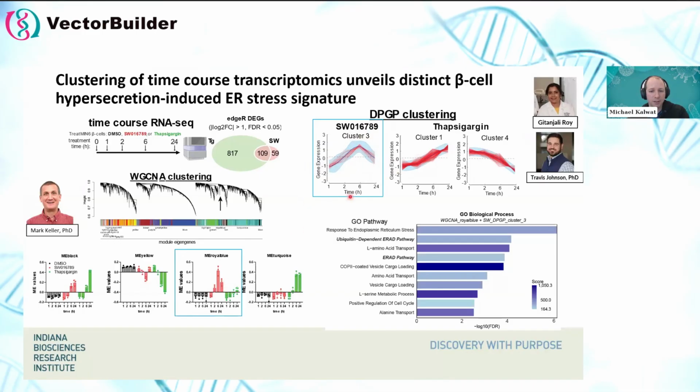So we combined these two lists of genes together to generate what we're calling a hypersecretion signature. If we look at what was enriched in this signature, one of the top hits is ER stress, of course, but also there were hits for ERAD and a couple other amino acid related peptide pathways.